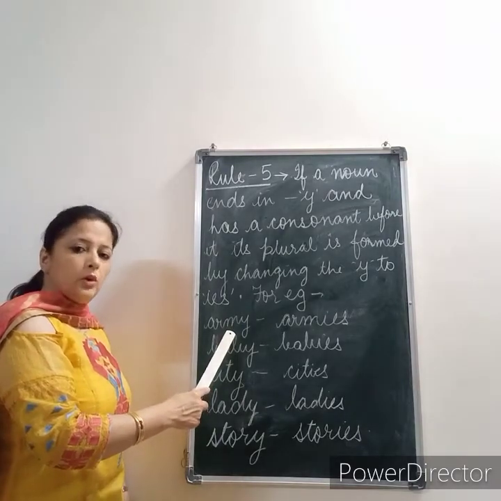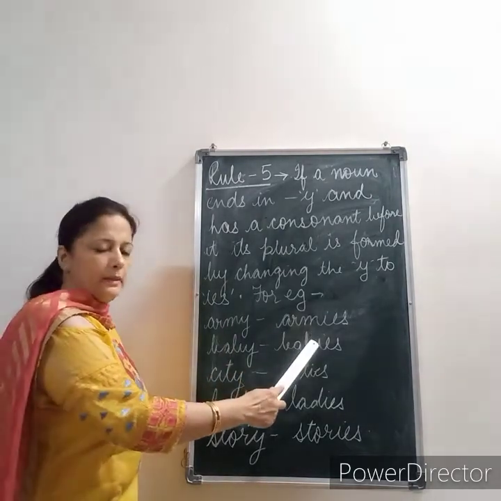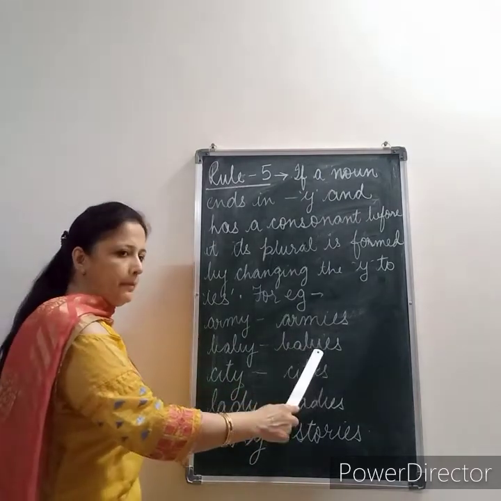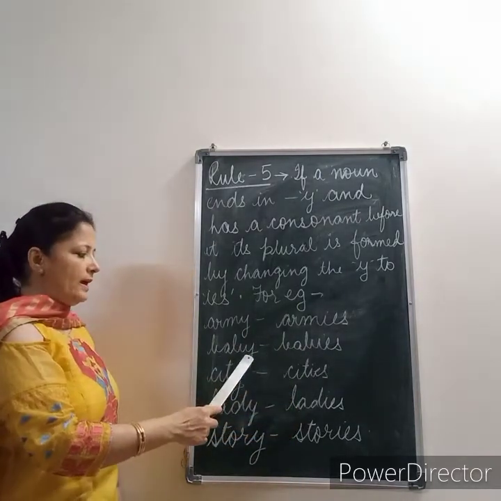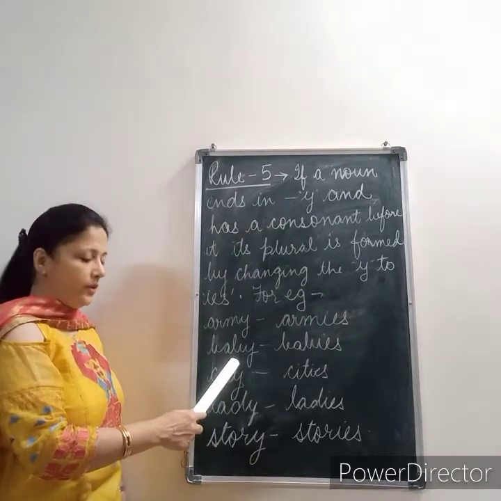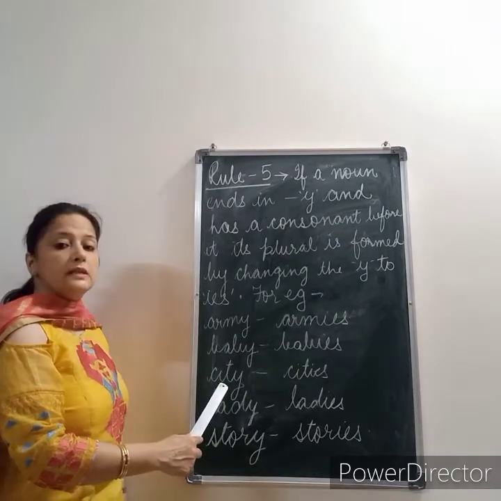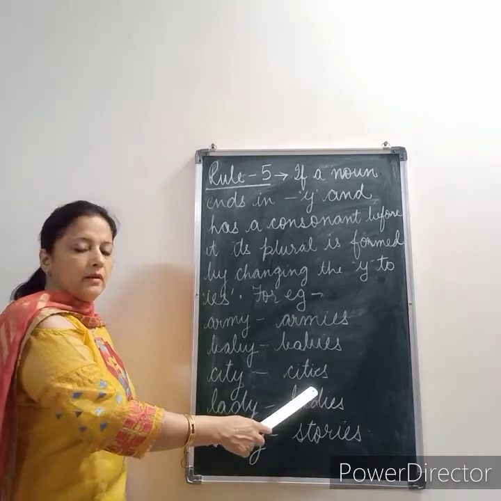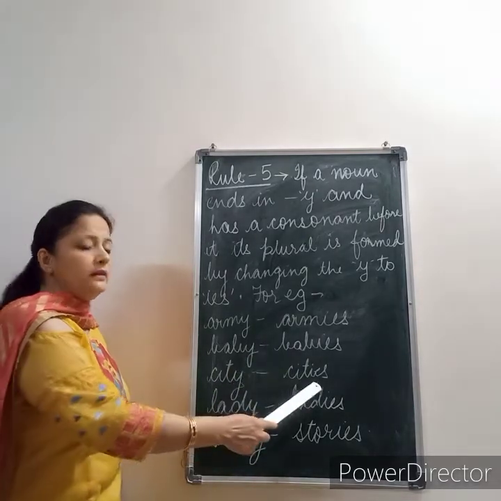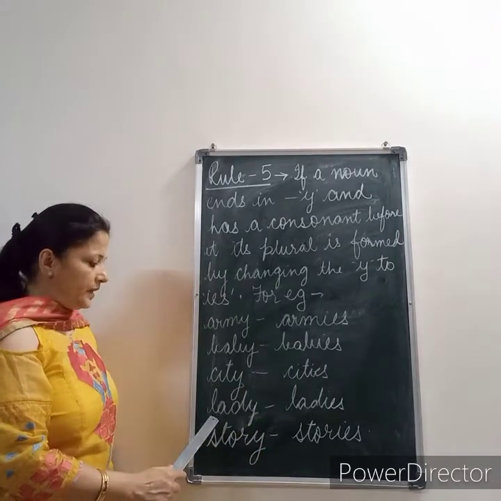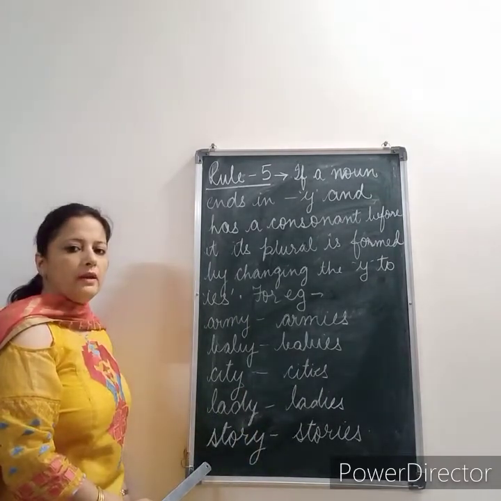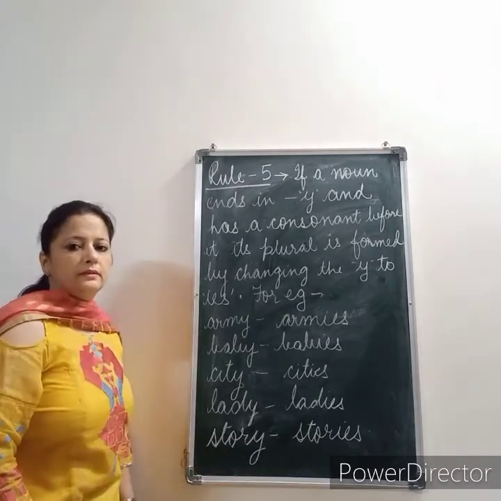So the plural will become armies. Baby. The plural will become babies because the y has a consonant before it. The next word is city. The plural becomes cities. We are replacing the y with ies. Lady becomes ladies and the word story becomes stories.